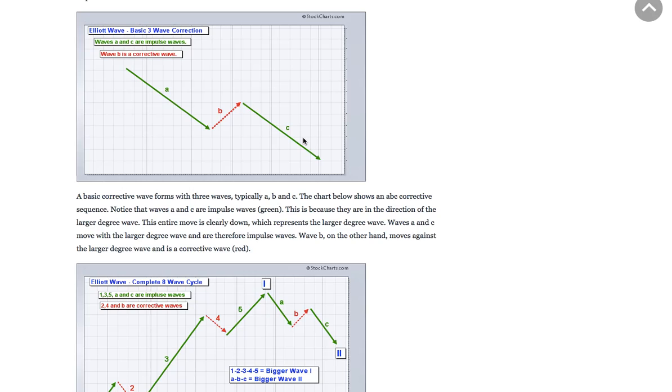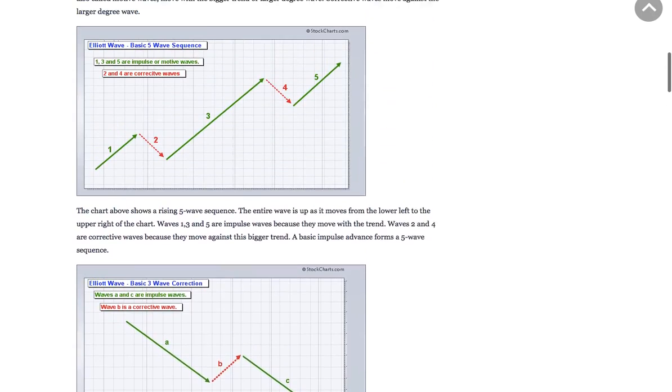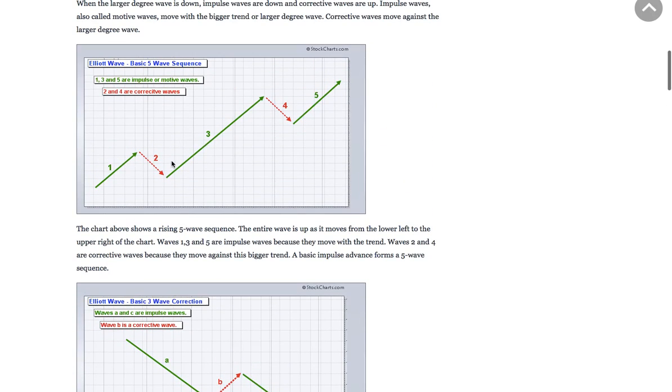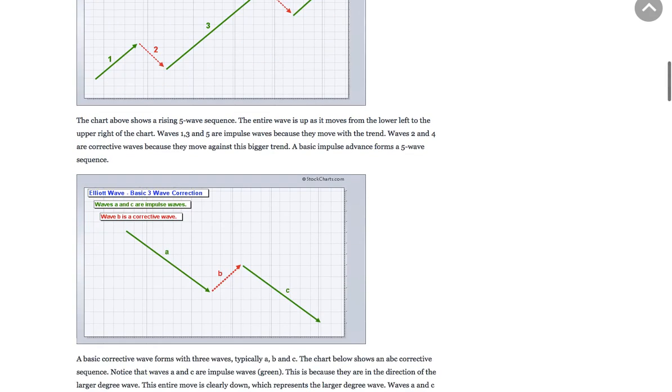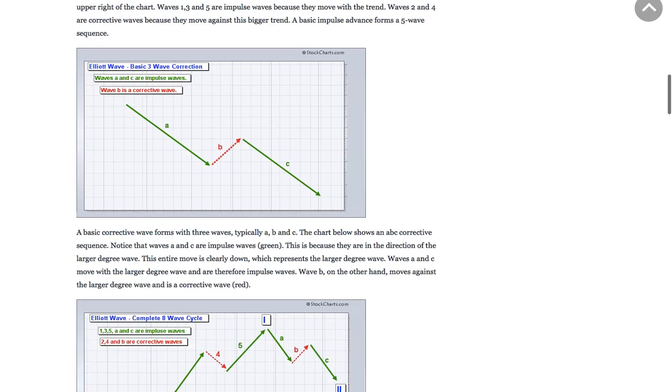So it's 1, 2, 3 down. I've said three waves before, so I looked at it like 1, 2, 3 for the completion, but it's actually a five-wave sequence because there are two corrections within the five waves in the Elliott wave. There are two corrections making five.